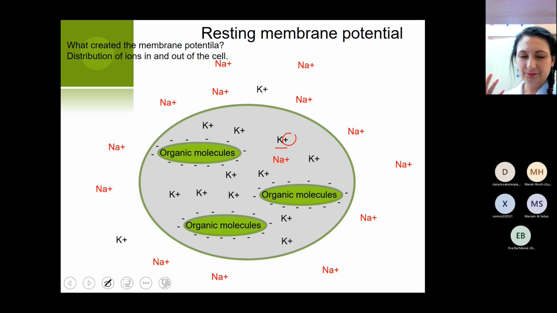Sodium is really an ion which would like to enter the cell because of the concentration gradient. This is the first force. So there are two forces pushing sodium inside the cell: the charge, because inside the cell there is a negative charge, and the concentration gradient.